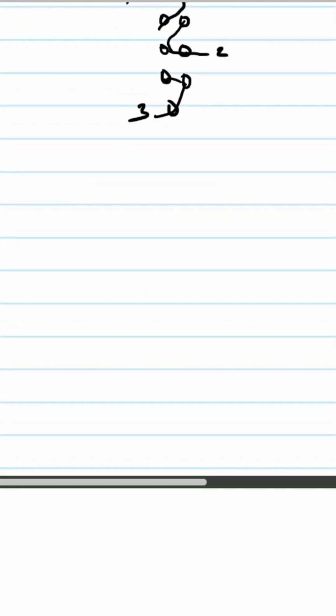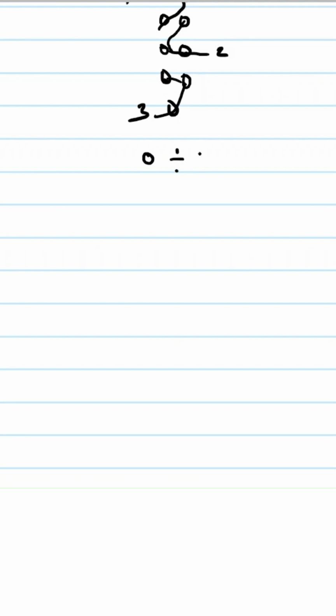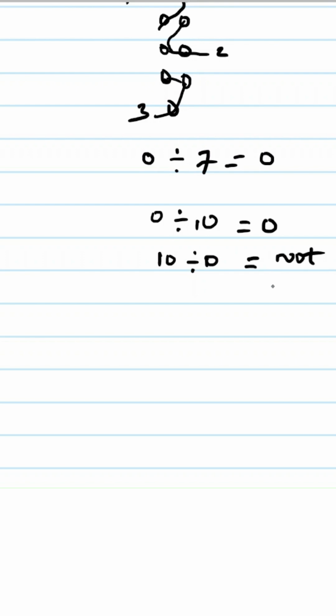Also, please, you must note that if we have 0 divided by a number, for example, 7, it gives us 0. So 0 divided by 10 gives us 0. Now, if 0 is the second digit, let's say for example we have 10 divided by 0, in this case, it is not allowed.